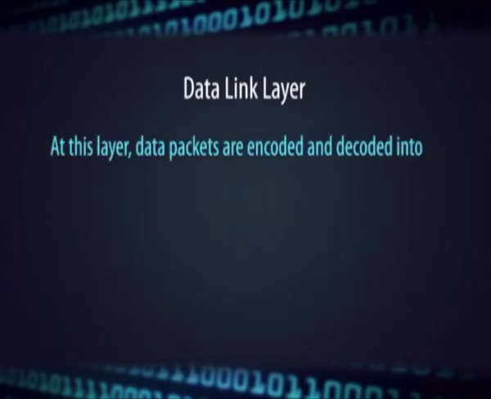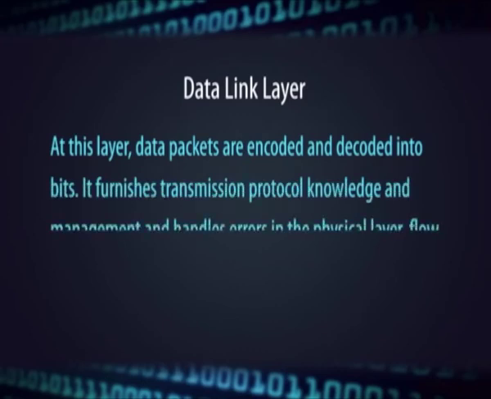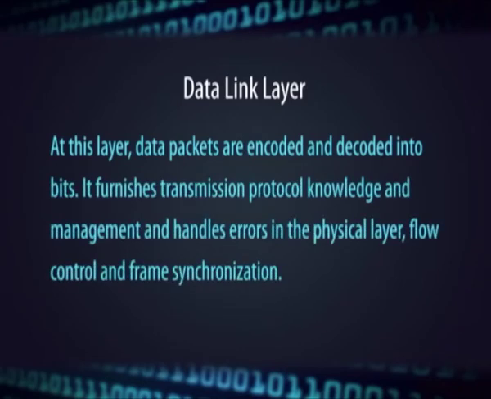Second is data link. At this layer, data packets are encoded and decoded into bits. It furnishes transmission protocol knowledge and management and handles error in the physical layer, flow control and frame synchronization.